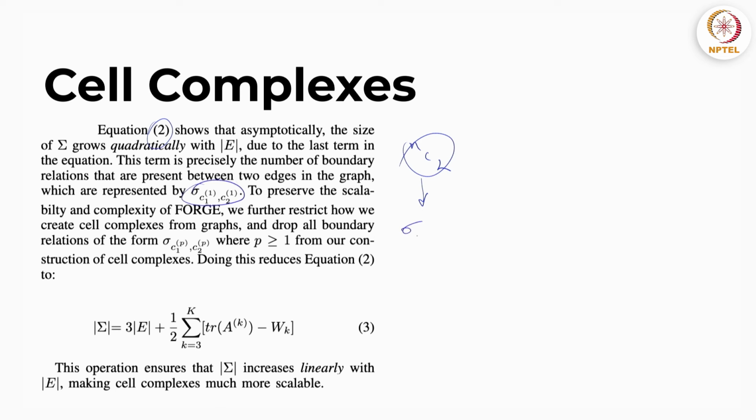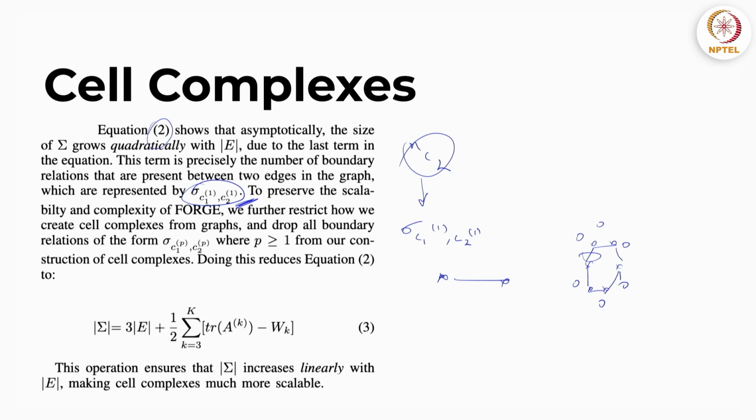What sigma C11, C21 means is that it's a boundary relation between one cells. So any one cell that we have, if we go back to our example here, we have edges as one cells. Any relation that connects these edges is of this form. What we realize is that we don't really need it to achieve good performance. And removing this term actually helps a lot in the scalability for space.